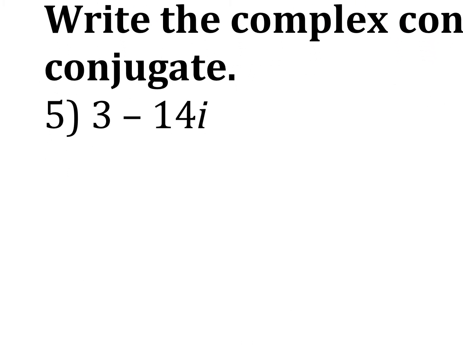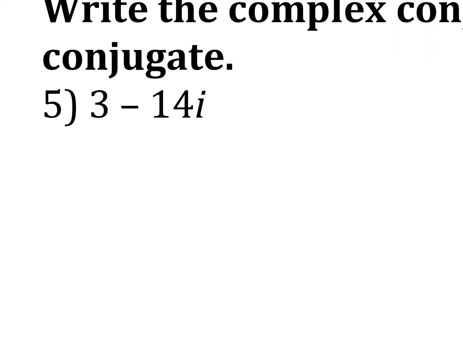So what is our conjugate of 3 minus 14i? 3 plus 14i. And then we just need to multiply these two together. So we have to FOIL.